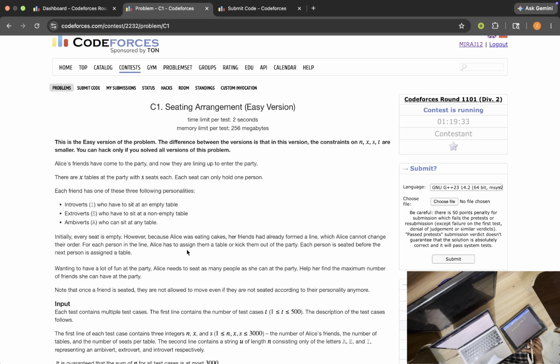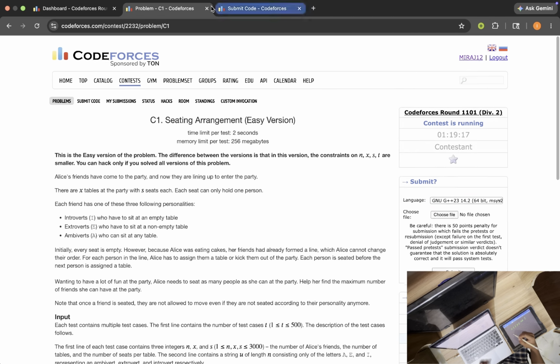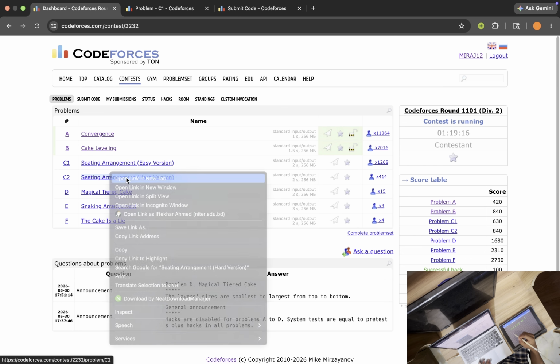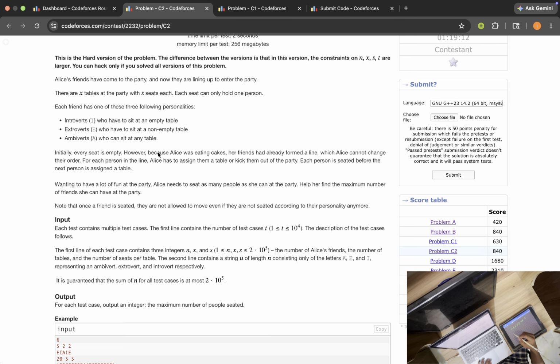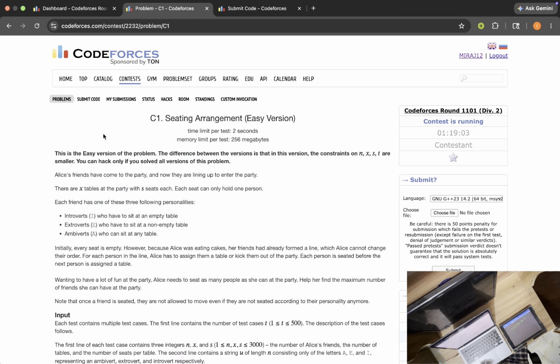Okay. Let's see the C1 actually. Which value is larger? 10 to 5. Okay. Ambivert is always a good option. Ambivert is always good.